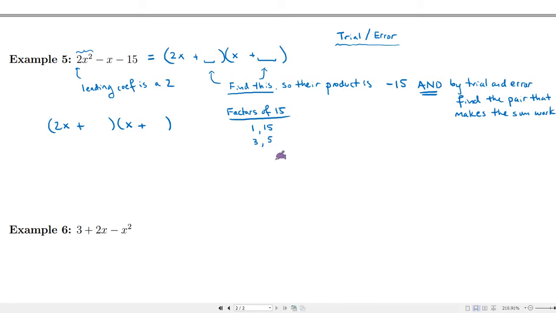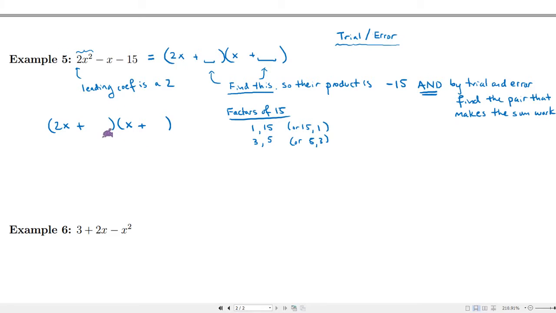Anything else? Well, we could reverse these orders as well, right? I could put the 5 here, and I could put the 3 there, or 15 there and a 1 there, right? Okay, now we know one of them is going to be negative and one is going to be positive, since this is a negative 15, right? So we have to figure that out.